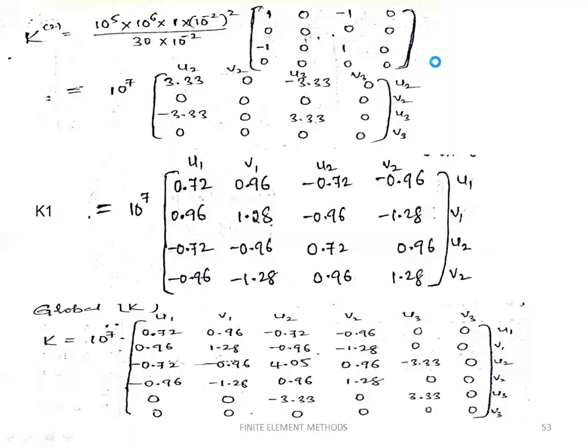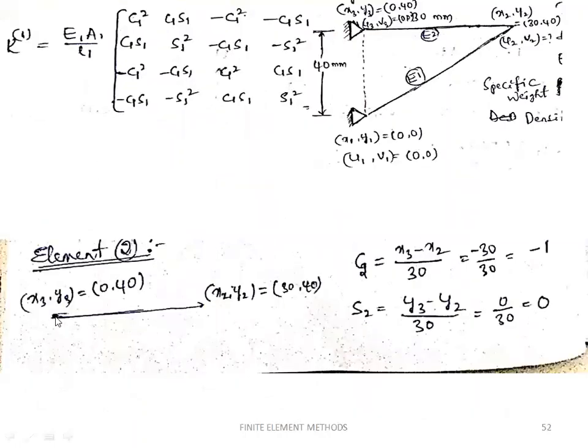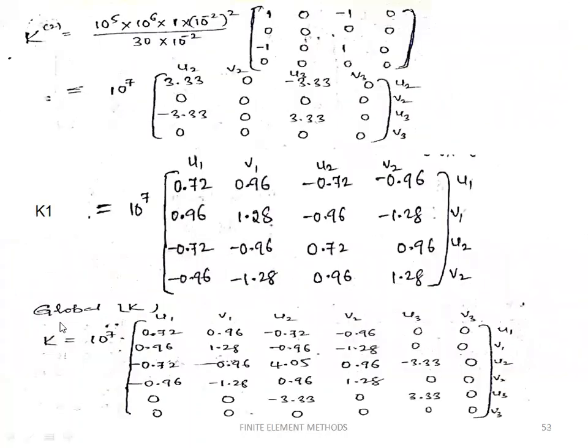Now let us go to element 2, having the nodal numbers 2 comma 3. So node 2 has displacements u2 in the x direction and v2 in the y direction. Similarly, nodal point 3 has u3 and v3. So there are four displacements: u2, v2, u3 and v3. So specify the row numbers as u2, v2, u3, v3 for the 4 by 4 matrix.